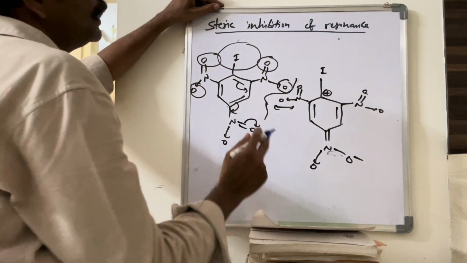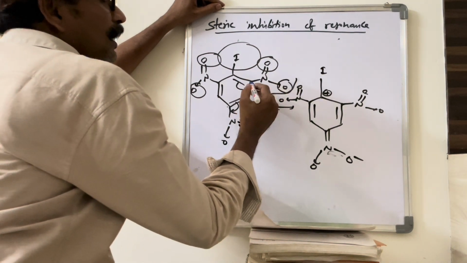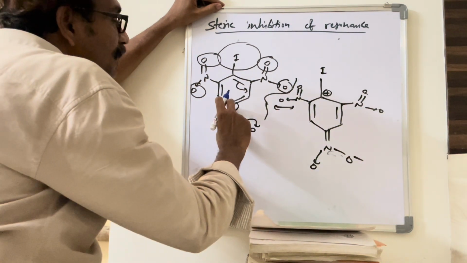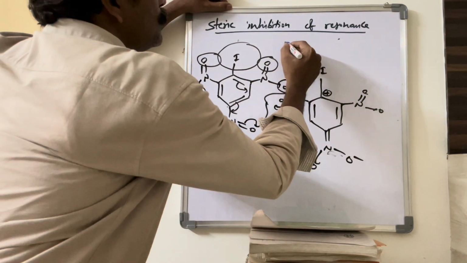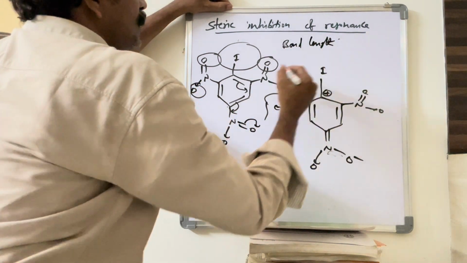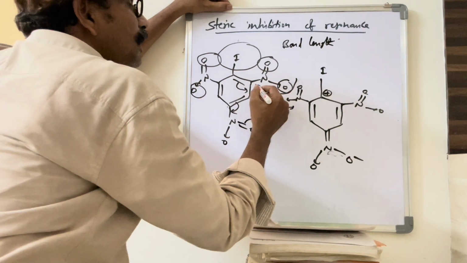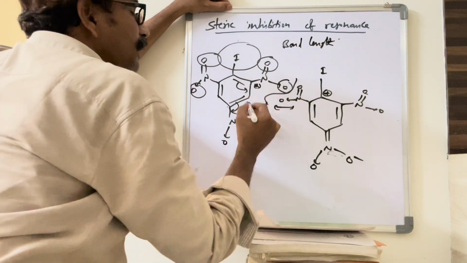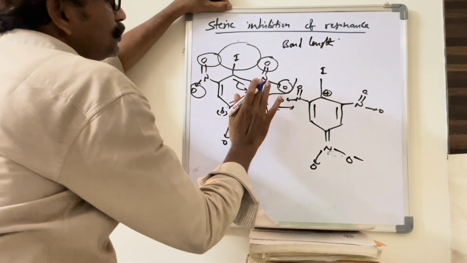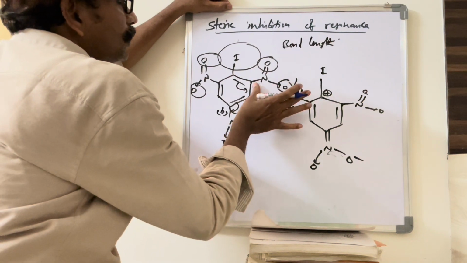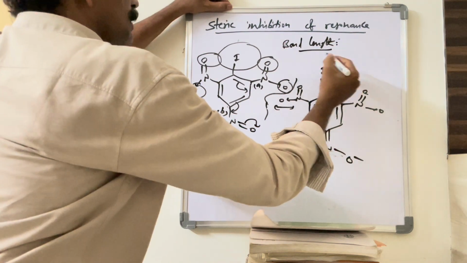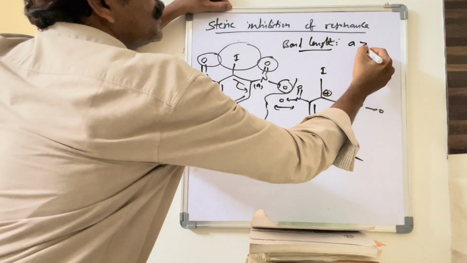As a result, the ortho C-N bond length is longer than the para C-N bond length. Therefore, if I denote the ortho C-N bond length with A and the para C-N bond length with B, A is larger than B.